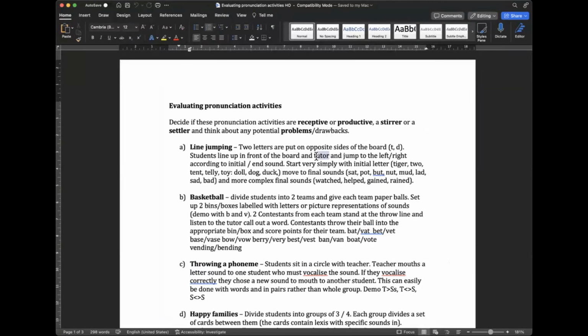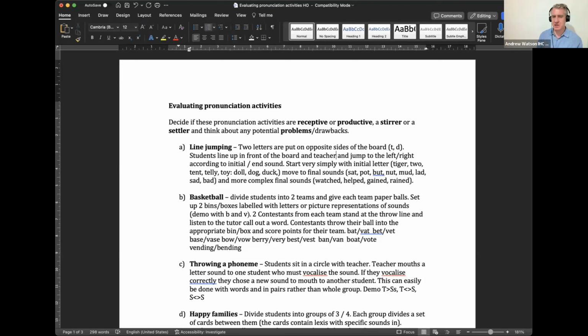Start very simple with initial letter, tiger, ten, territory, dog, duck. Move to final sounds. Sad, put, boot, not, mud, lad, sad, and bad. And more complex final sounds. Watch, helped, gained, and brain.